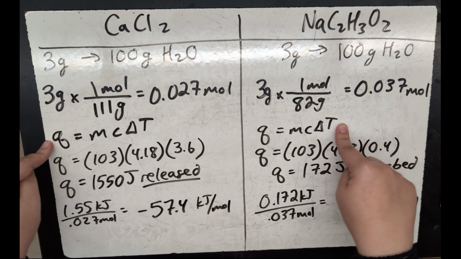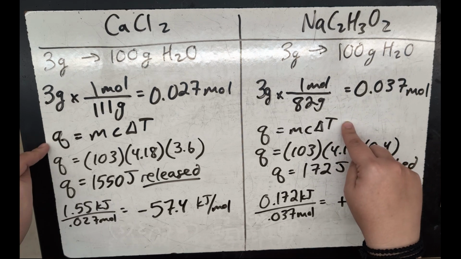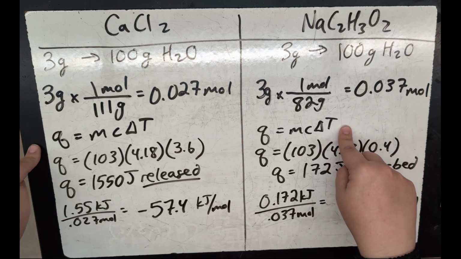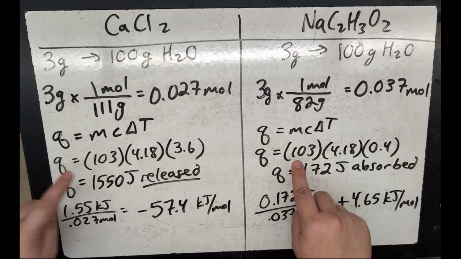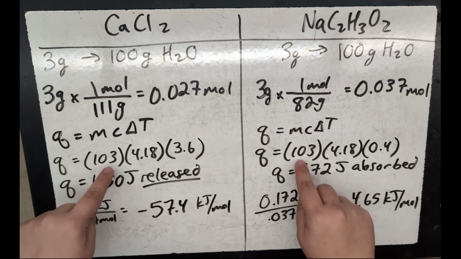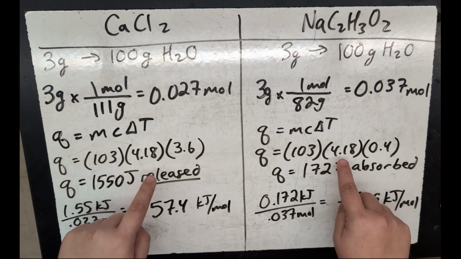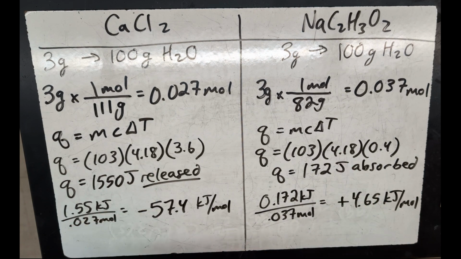This is the equation. Now typically when we're making a solution like this, or in a reaction where you're combining two things together, you want to use the total mass, so the mass of the solution. Now, I don't know what the specific heat of the solution is, so I'm going to assume that it's the same as the water.